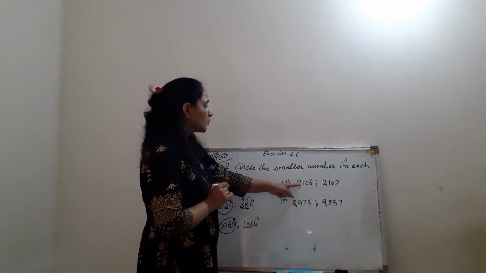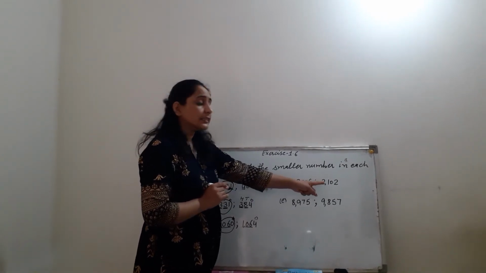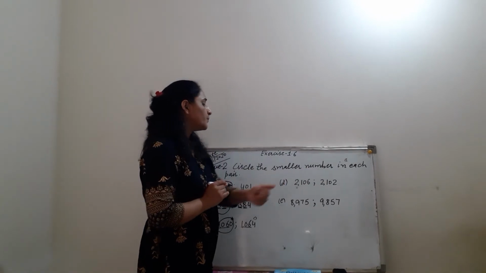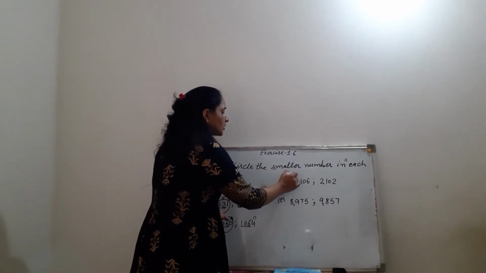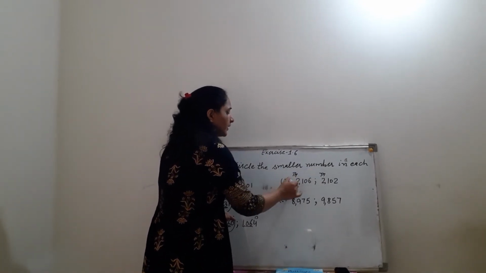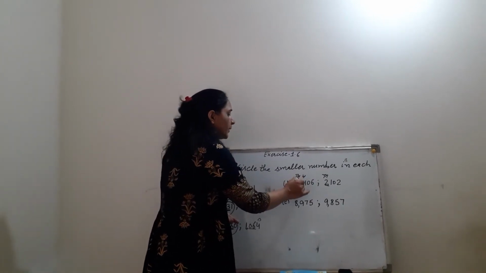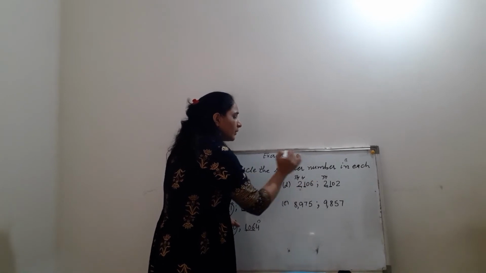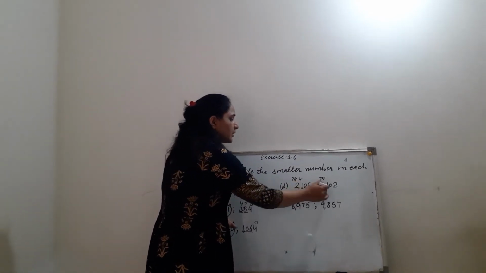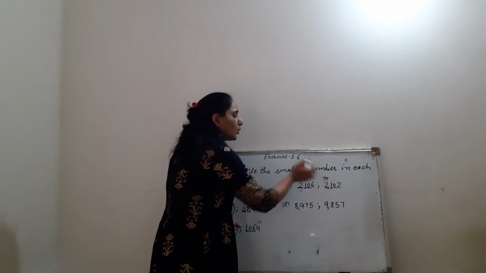Now part D. It's 2106 and it is 2102. In the thousands place there is 2, there is also 2. Clear? Now in the hundreds place there is 1, there is also 1. Clear? Now in the tens place there is 0, there is also 0.